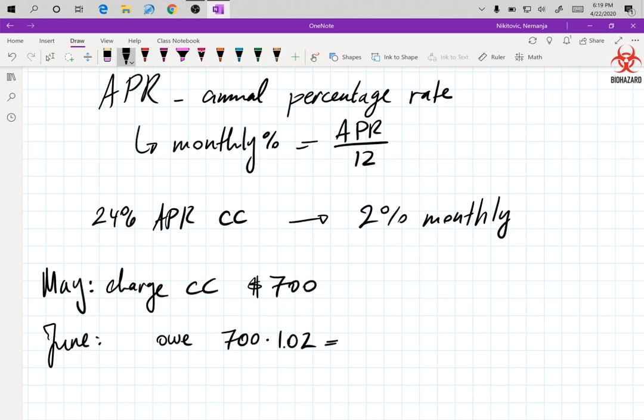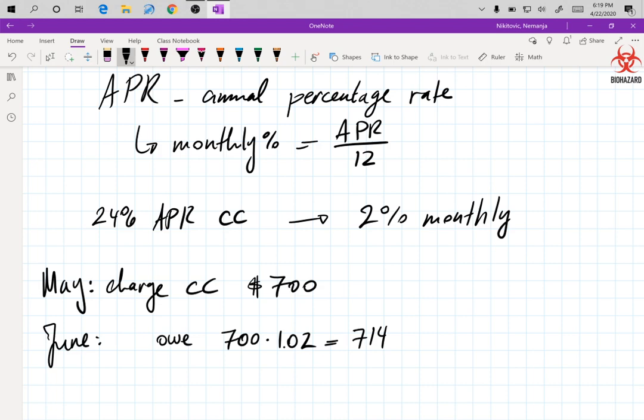So you have to add 2%, and you do that by simply multiplying by 1.02. The 1 keeps the $700 that you owe, and the 0.02 adds 2%. Now you can quickly calculate that, because 2 times 700 is 14. So it's going to be $714. That's how much you owe.